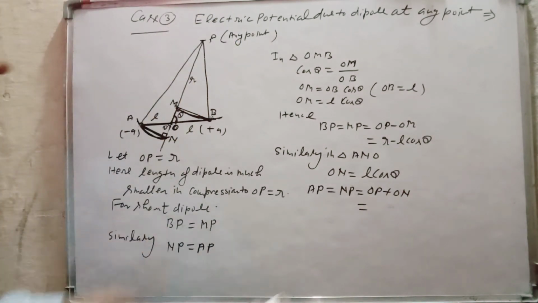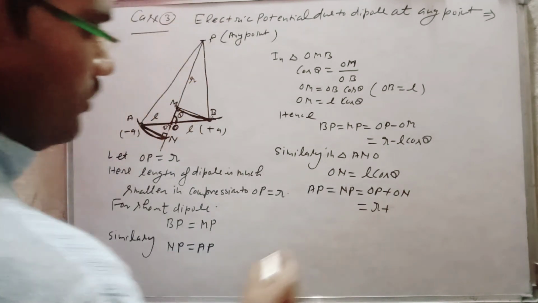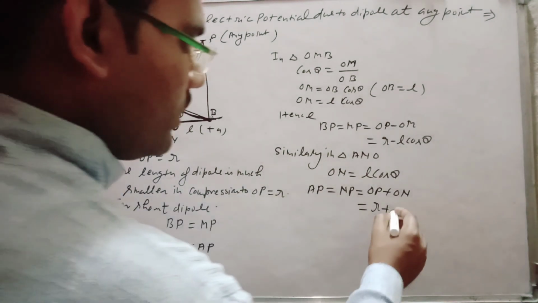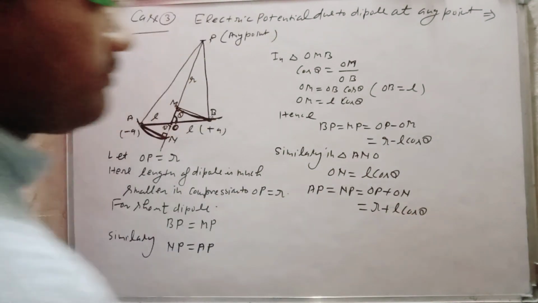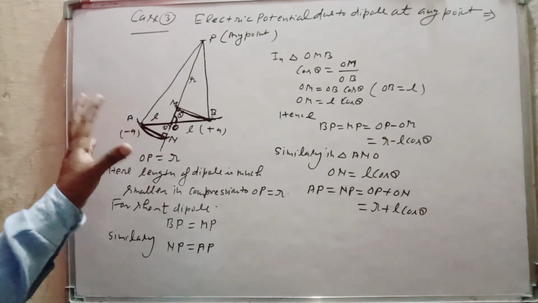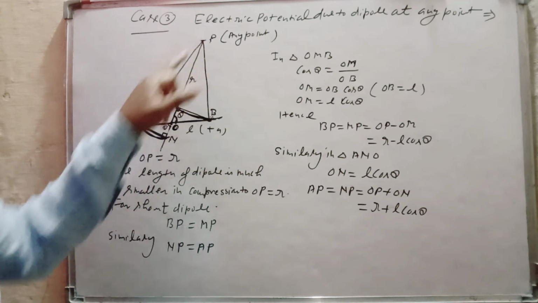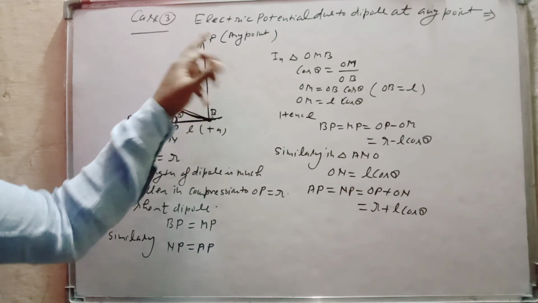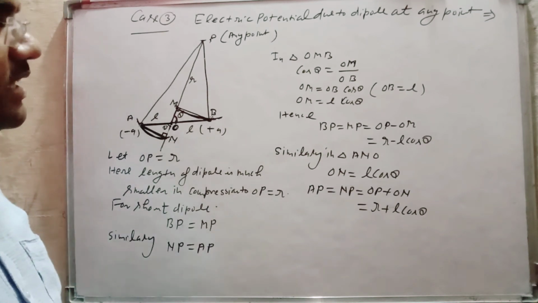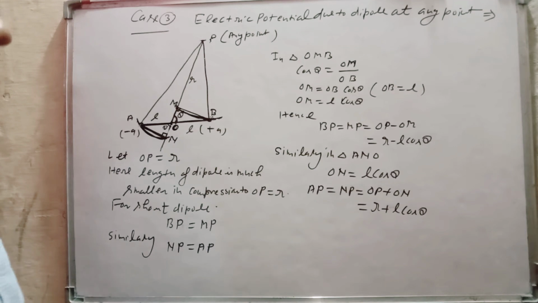The value of OP is R. Now we substitute the value of OP as R, and ON is equal to L cos theta. Then we found the value of BP and AP. Now we apply the expression for electric potential due to point charges and then add, and we get the result.